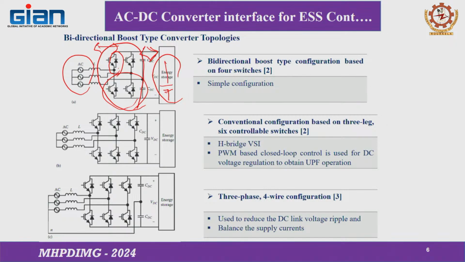In the bidirectional boost type I have shown three topologies available in these references, so you can go through them. The first one is the bidirectional boost type 2-leg converter. We have two switching legs here, and you can see it clearly.